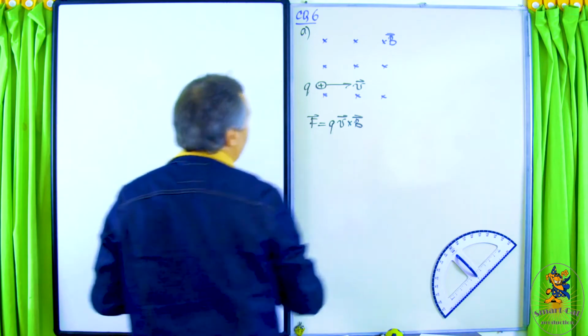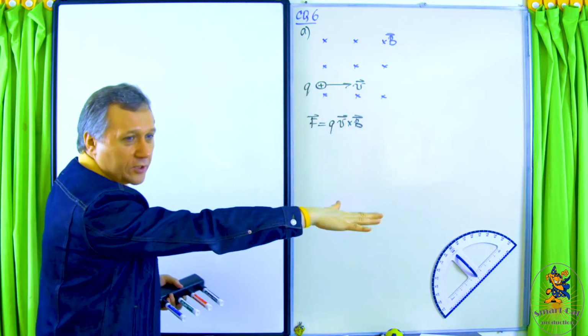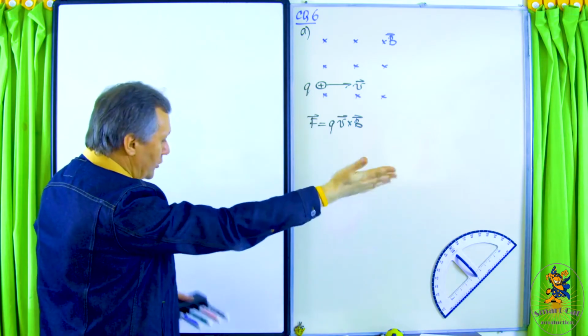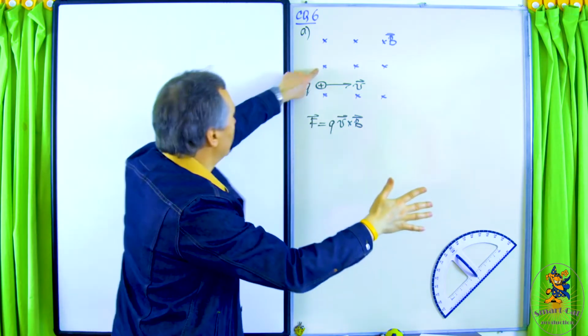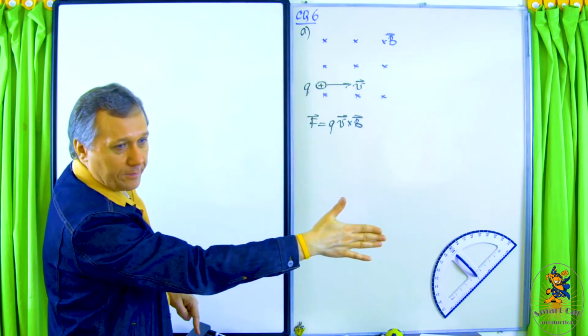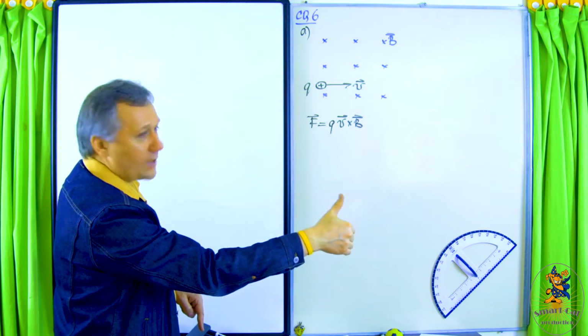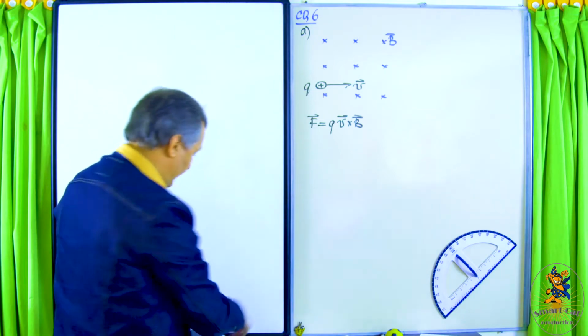Okay, direction of V cross B. V goes that way, so I have to position my hand that way. Then I need to orient it in such a way that I can bend my fingers into the board. So I position my hand like this, and now I can bend my fingers in that direction. My thumb gives me the direction of the cross product.